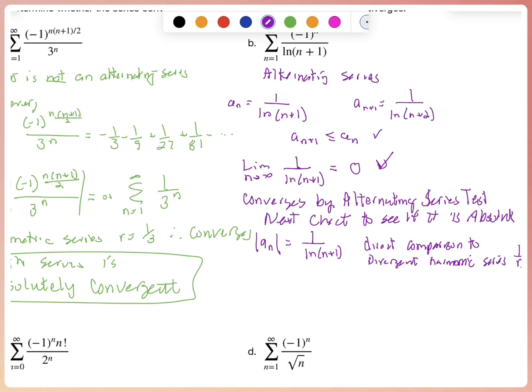So we need to figure out which is smaller, 1 over n or 1 over the natural log of n plus 1. Looking at some terms, or looking at what's happening algebraically, we know what's going on. I can see that since 1 over n is less than 1 over n plus 1, our divergent series is smaller than our given series. And so we can say that this series diverges by the direct comparison test.